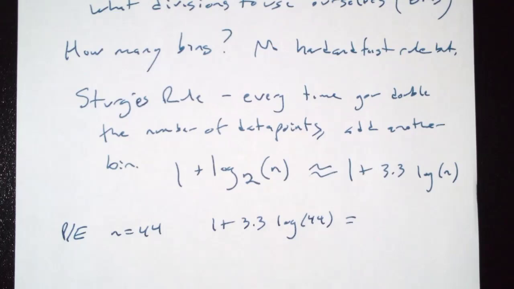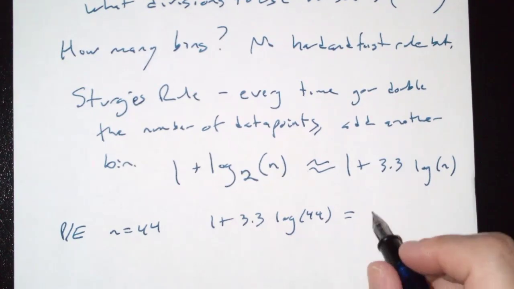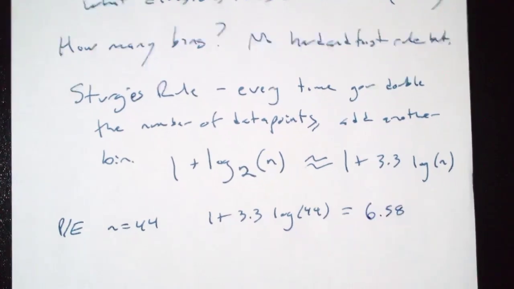I just need 1 or 2 decimal places here. What do you get? Okay. So I either want to use 6 or 7, right? Because I have bins as a whole number.